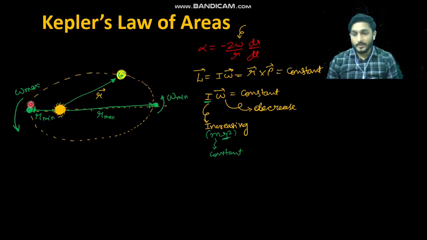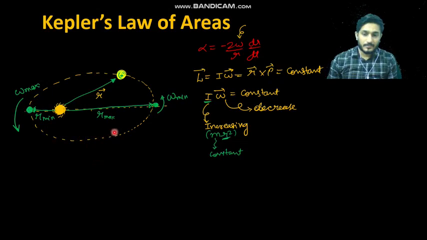At this point, the planet is fastest revolving around the sun. So it's fastest and then slowest. It would be something like this: fastest, and slowest at this point, getting faster again, fastest, and then getting slower, and slowest at that point, and then getting faster again. So I hope you understood.